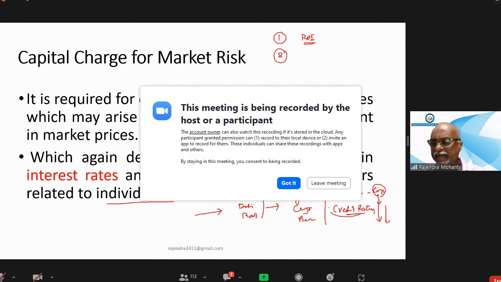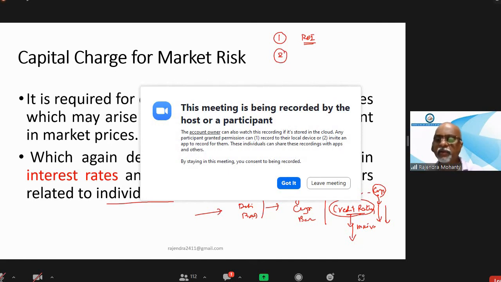Whenever credit rating falls, the creditworthiness of this corporate has gone down. Automatically this will create a sentiment in the market, and the market value of the security will also fall down.